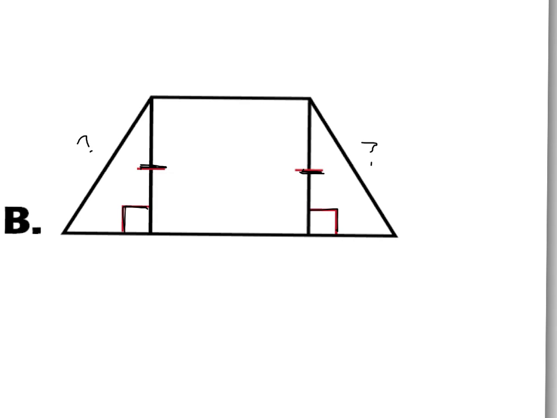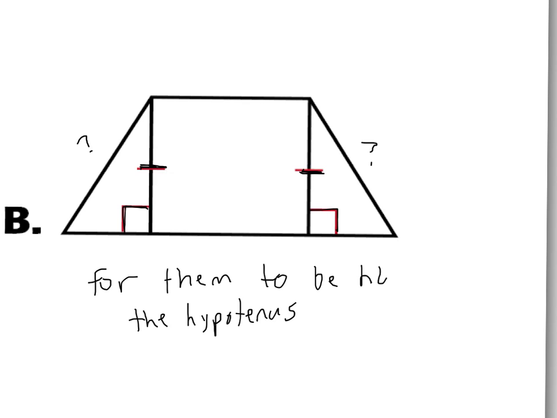So for them to be HL, the hypotenuse must be congruent. Okay, so if the hypotenuse is congruent, then we would know that these two triangles are congruent by HL.